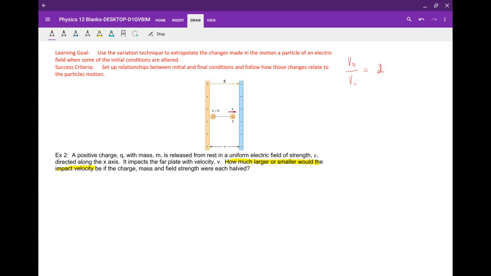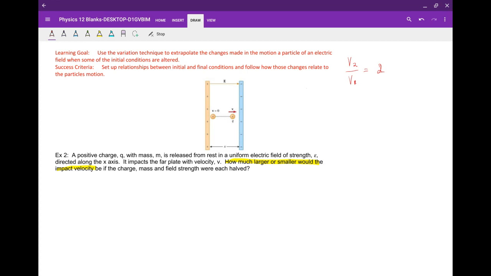If you end up getting a 2, then the final velocity would be twice as large as the initial velocity. I'm actually going to change these to a 1 and a 2, because I'm going to call this 1 for the first scenario and 2 representing the second scenario.